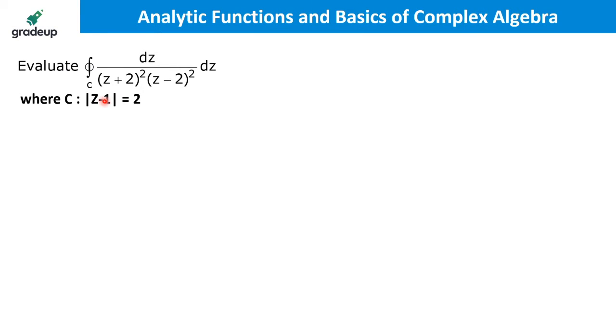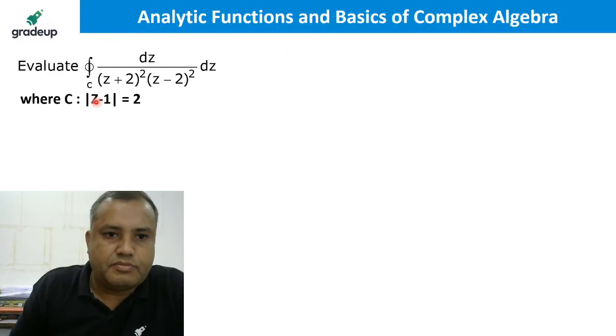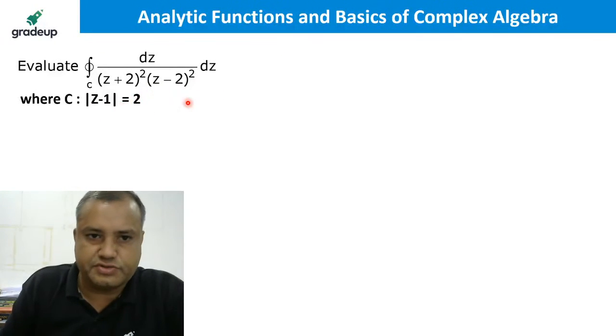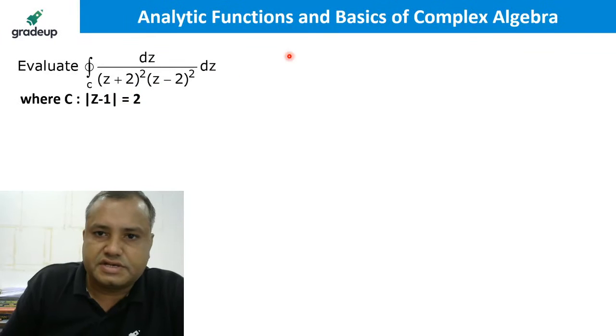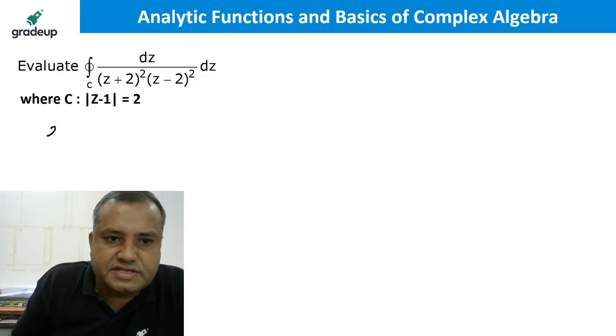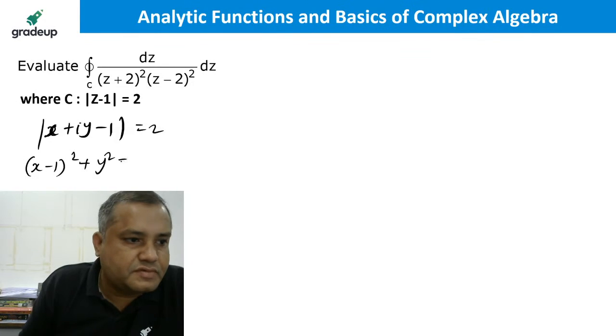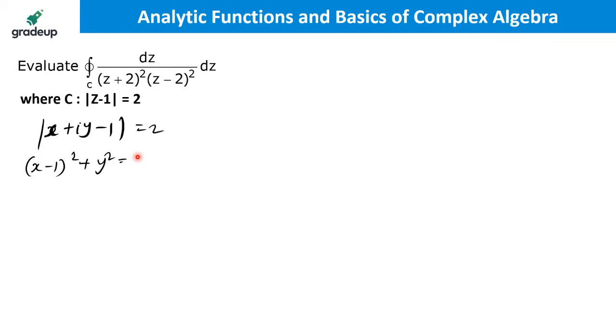Now see it. Mod of z minus 1 equal to 2. We will be solving this using Cauchy's residue theorem. So this mod of z minus 1 can be written as x plus iy minus 1 equal to 2. So x minus 1 whole square plus y square equal to 2 square.